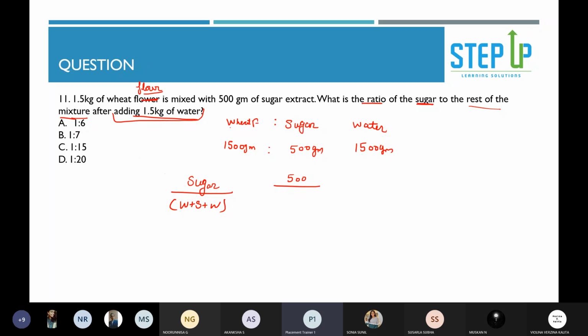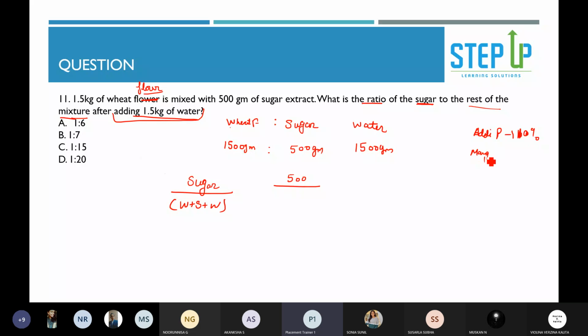Per 100 gram, let's say mango pulp is 10%, additive preservatives 10%, sugar 80%. Oh, sorry, water is also there. So, okay, sugar 50% and water 30%.